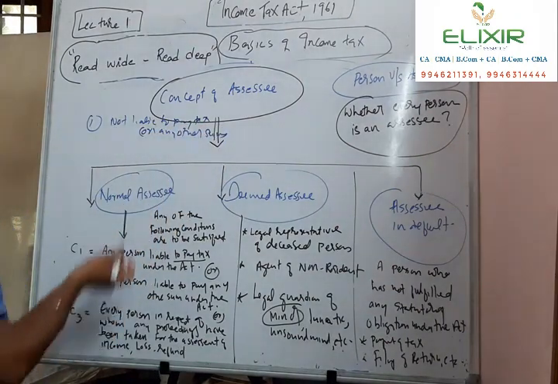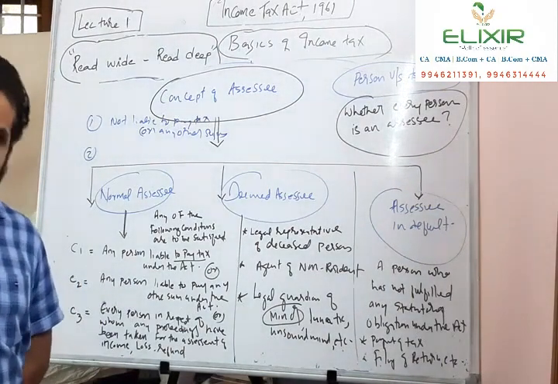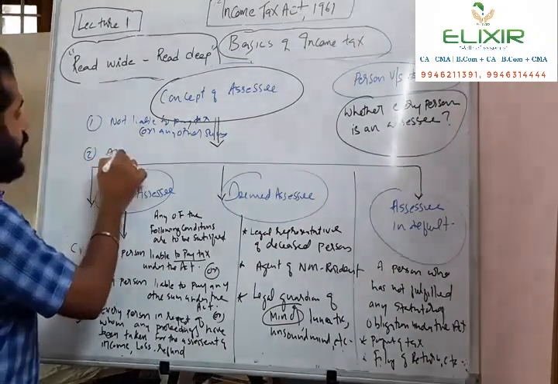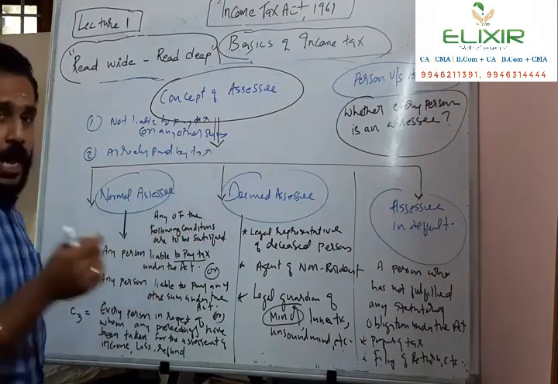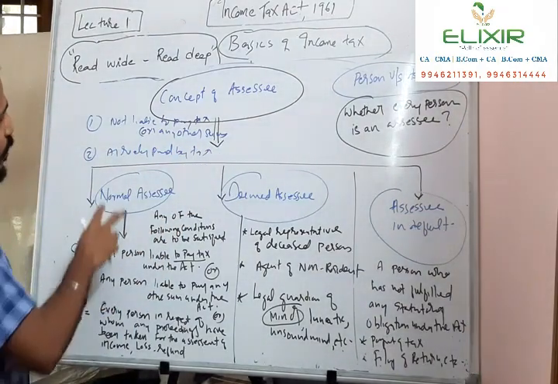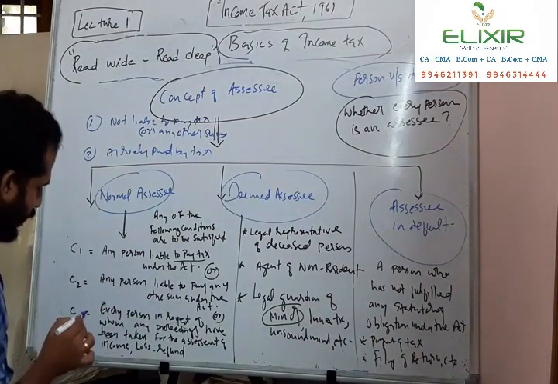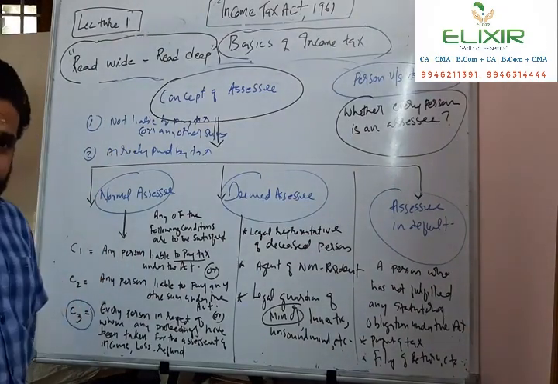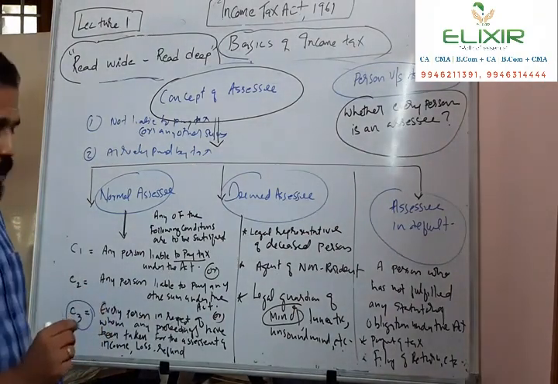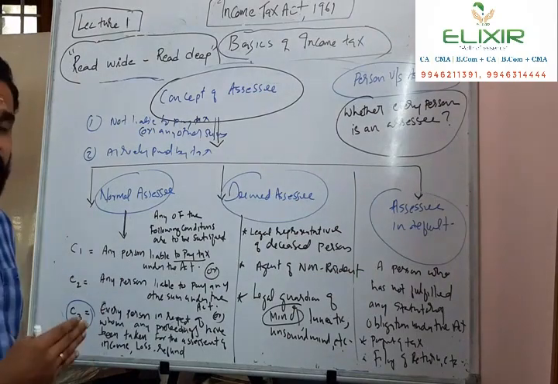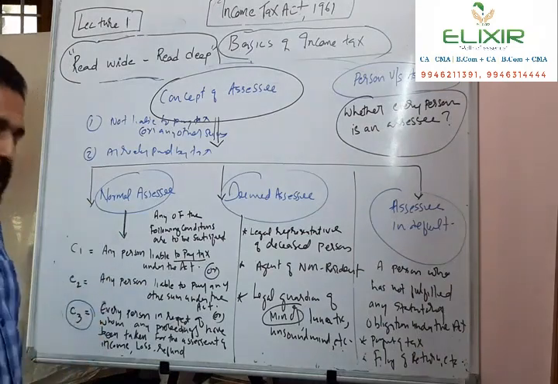Then the second question is, I already paid my tax, whether I am still an assessee. Answering these two questions, we should critically examine the third condition. While examining it, I need some time because there is an explanation about income of other persons also. I will explain in detail later.